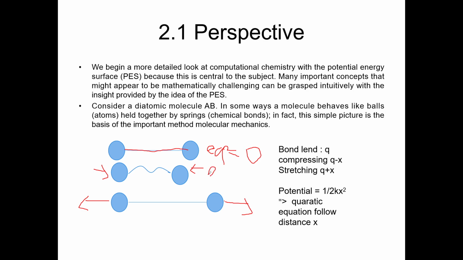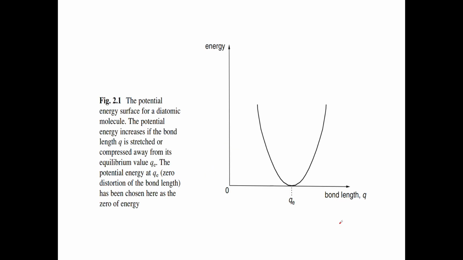When we compress the two atoms, the energy increases, and when we stretch them far apart, the energy also increases. The energy of this is called the potential, and the potential is a quadratic equation for small distance changes. This is the chart.